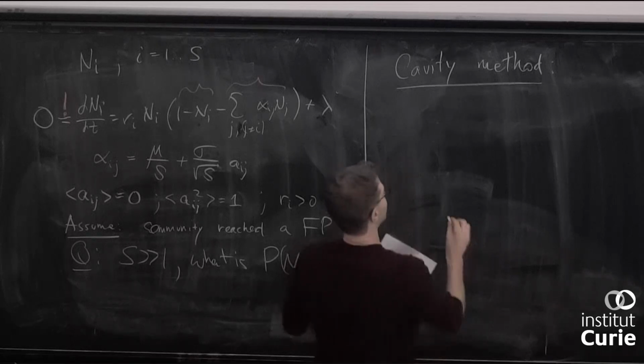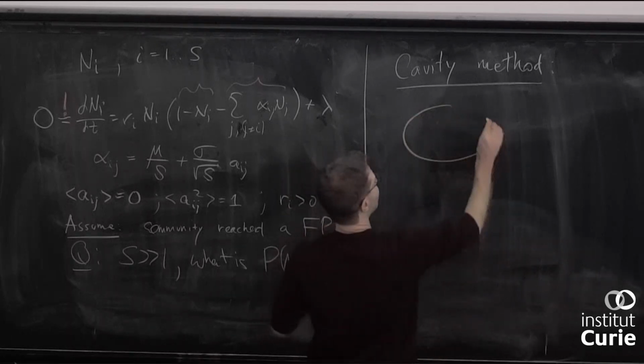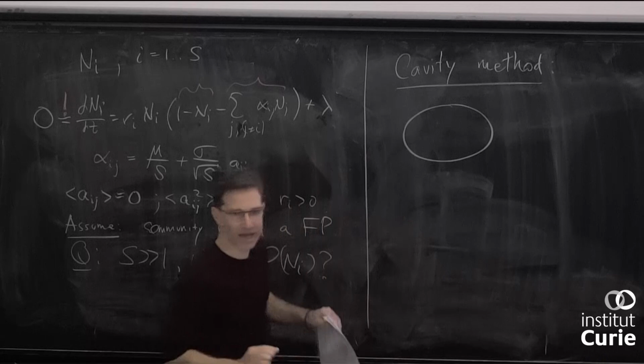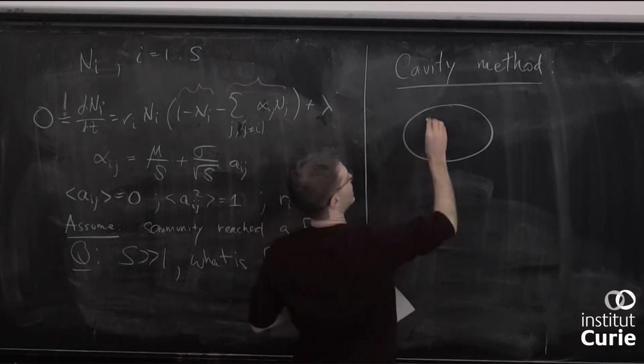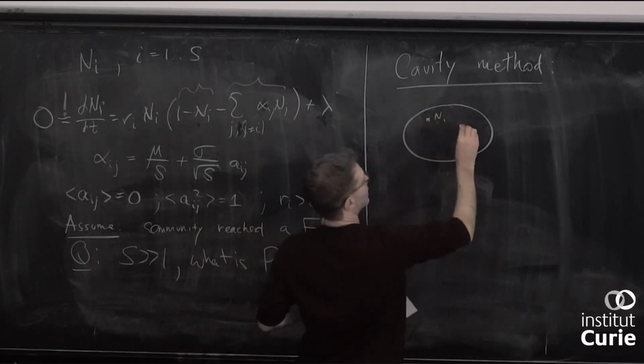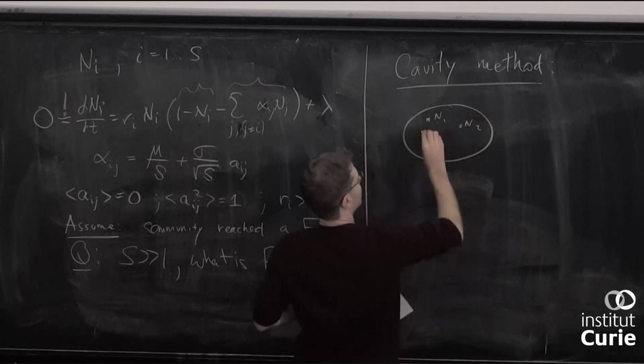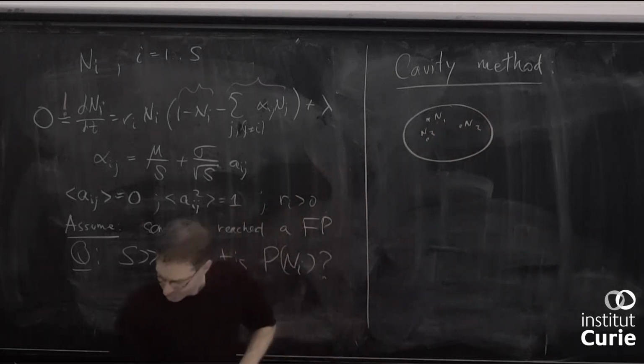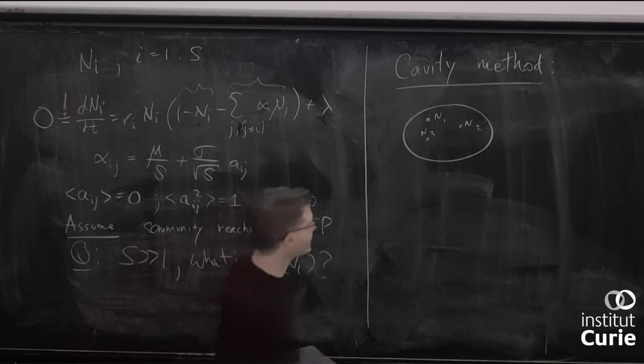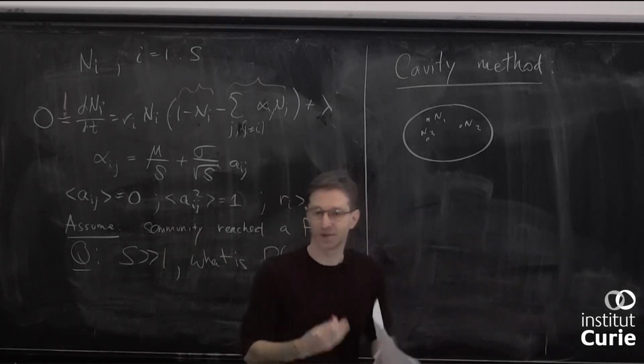So here's the idea. Imagine that you have a community that has S species in it. You have N1, N2, N3, and so on and so forth. And now you're saying, let's imagine that a new species has come into the community.